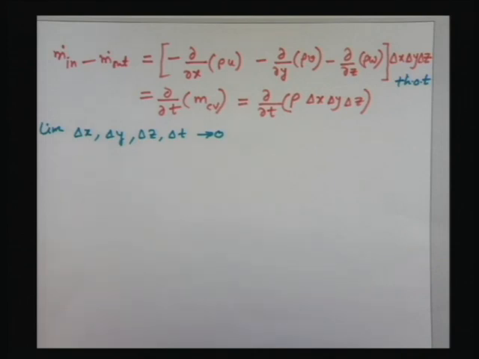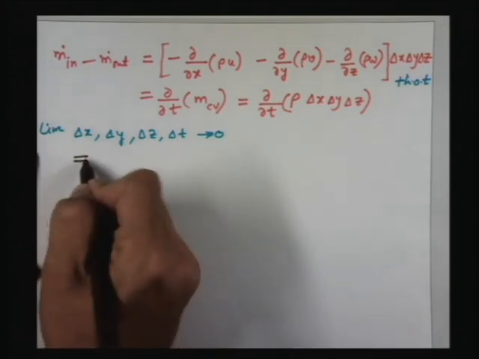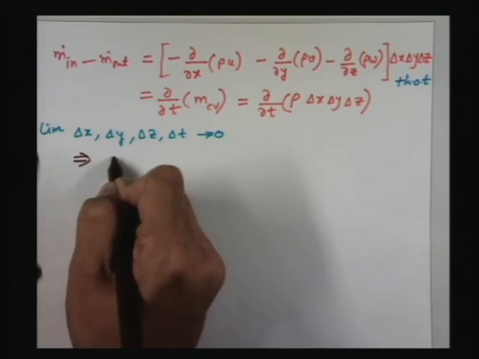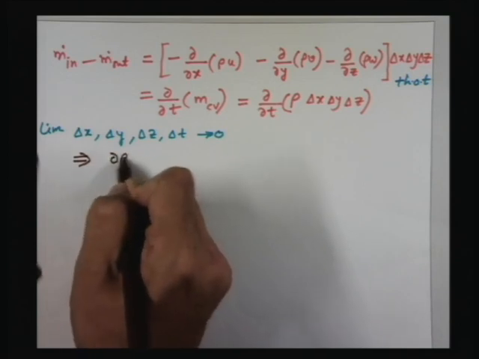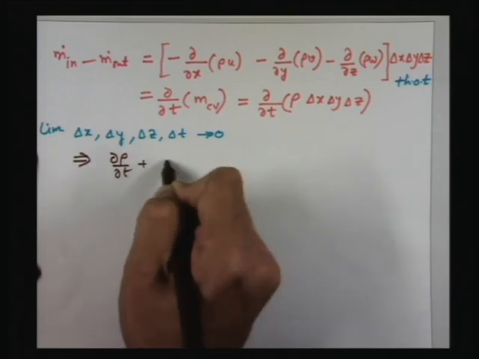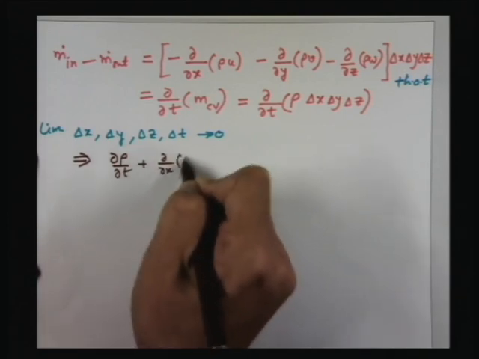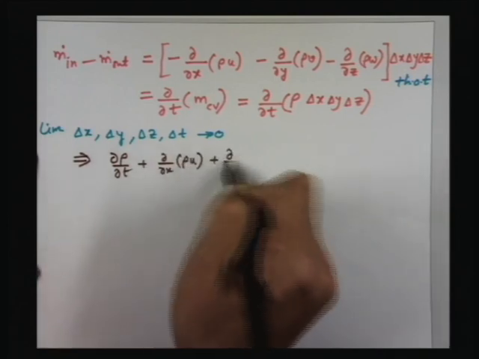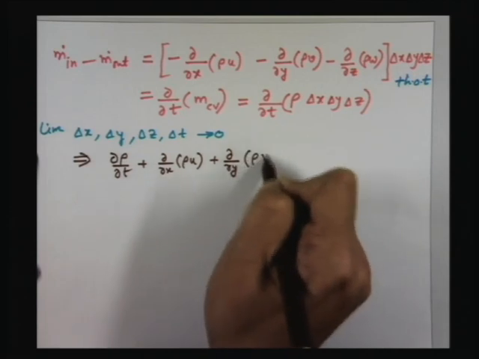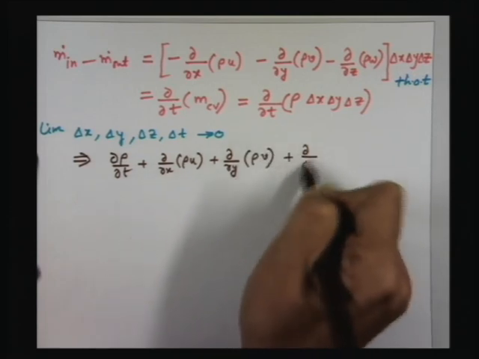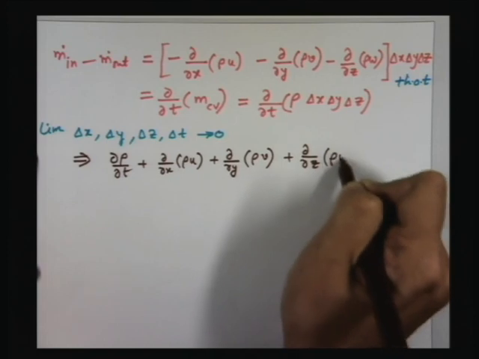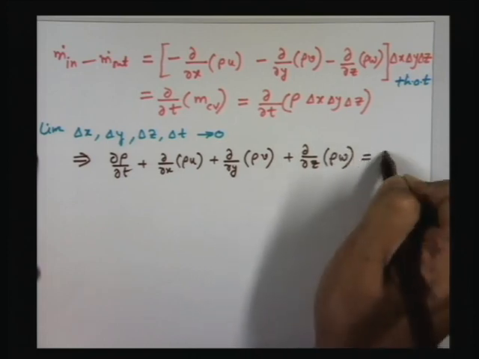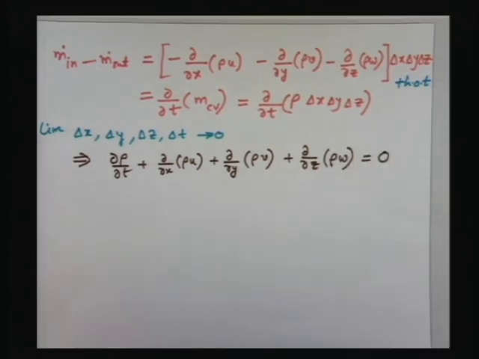So that brings us back to the equation that we derived in another way, that is del rho del t plus del x of rho u plus del y of rho v plus del z of rho w equal to 0. So this is another way of deriving the continuity equation.